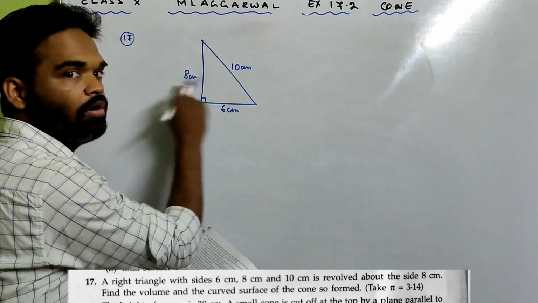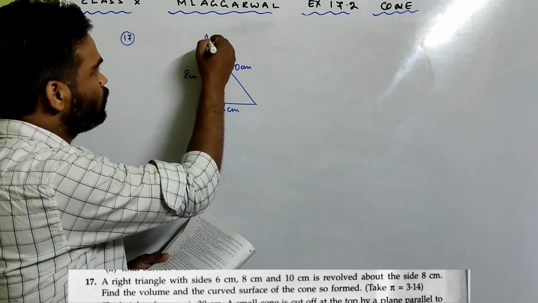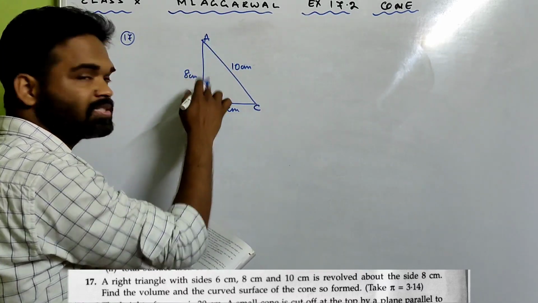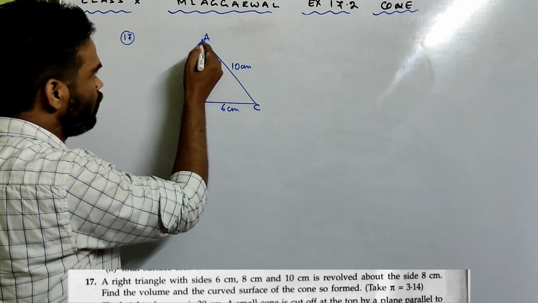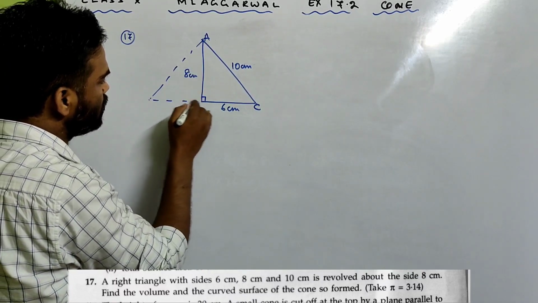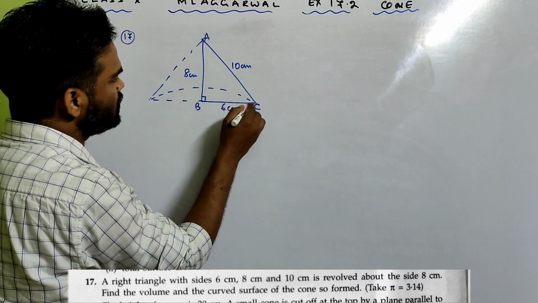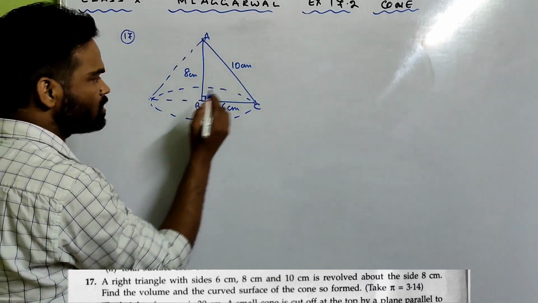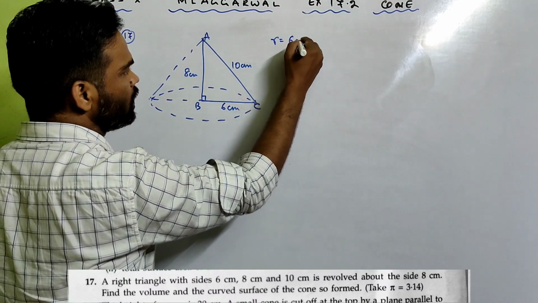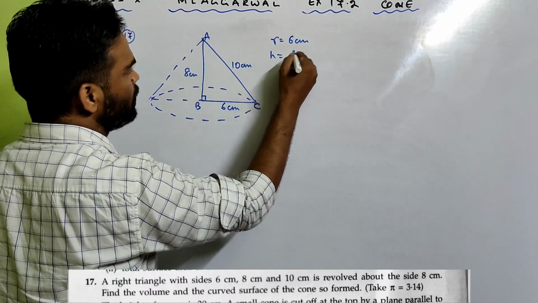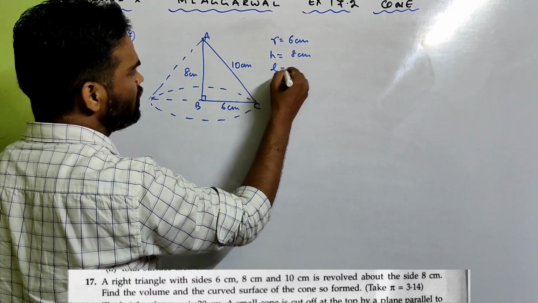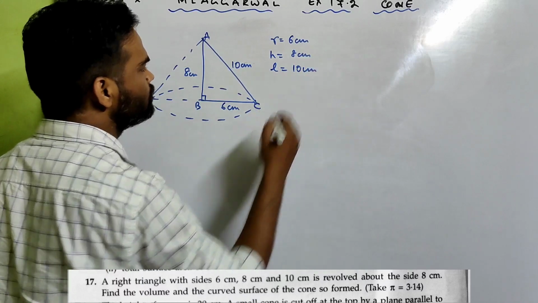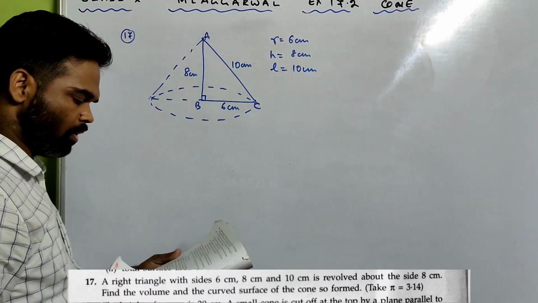When it is revolved, don't you think you get a right circular cone? In this right circular cone, the radius becomes 6, the height becomes 8 and the slant height becomes 10 centimeter.